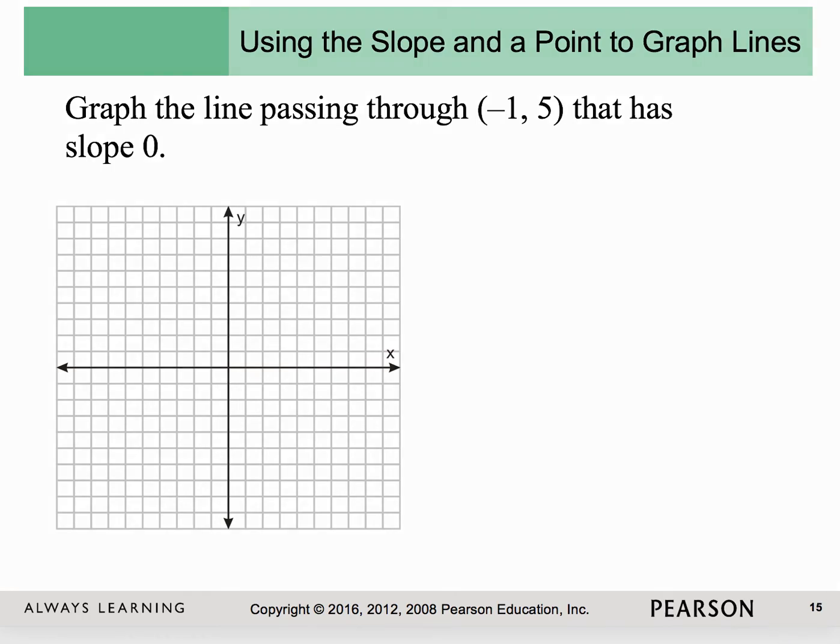Okay, let's try that again. Slope 0, special. So I've got to think about what that means. It goes through the point (-1, 5). 1, 2, 3, 4, 5. And what does it mean if the slope is 0? That means your line is horizontal, flat.